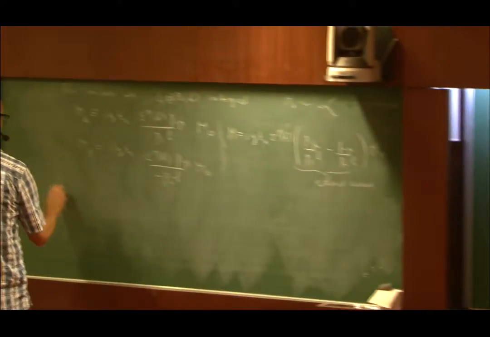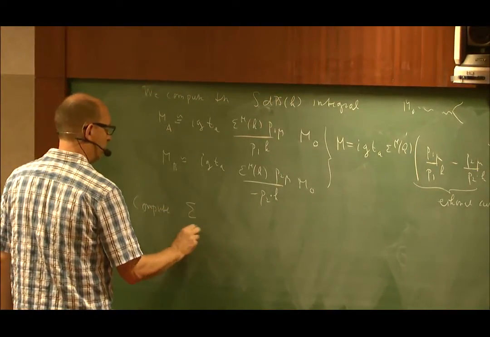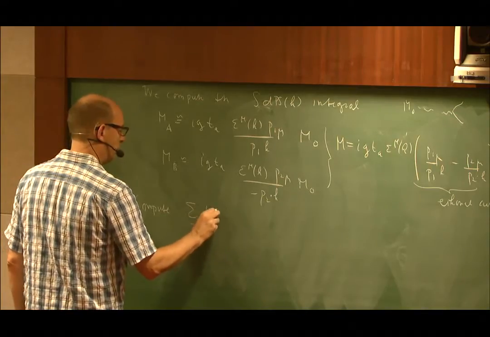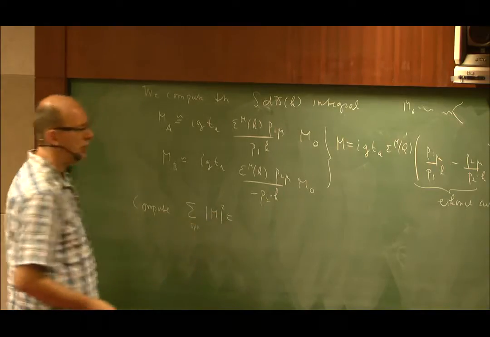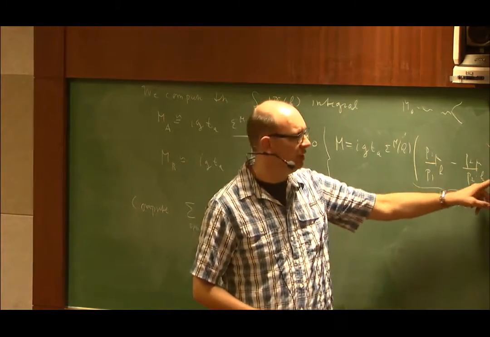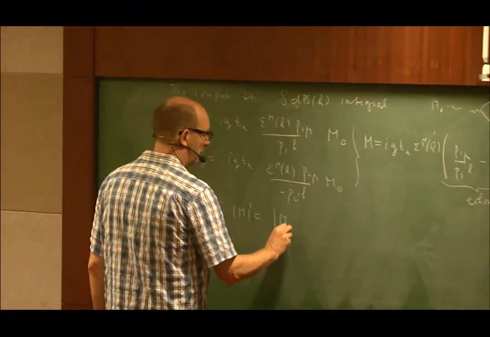So compute the sum over spins of M squared. But that will actually be fairly easy, because it's already factorized, so we certainly get M0 squared. That's sort of uninteresting, but we have to keep it along.